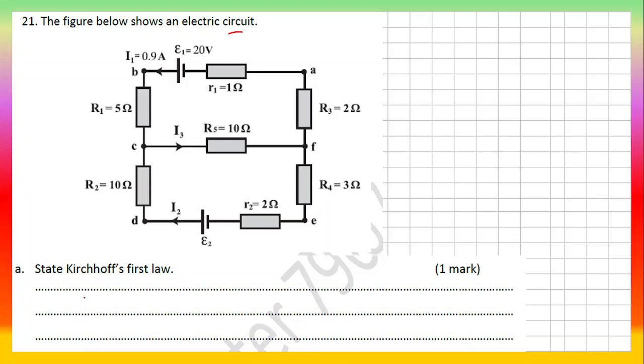The sum of the currents entering a point or a junction is equal to the sum of the currents leaving the junction.